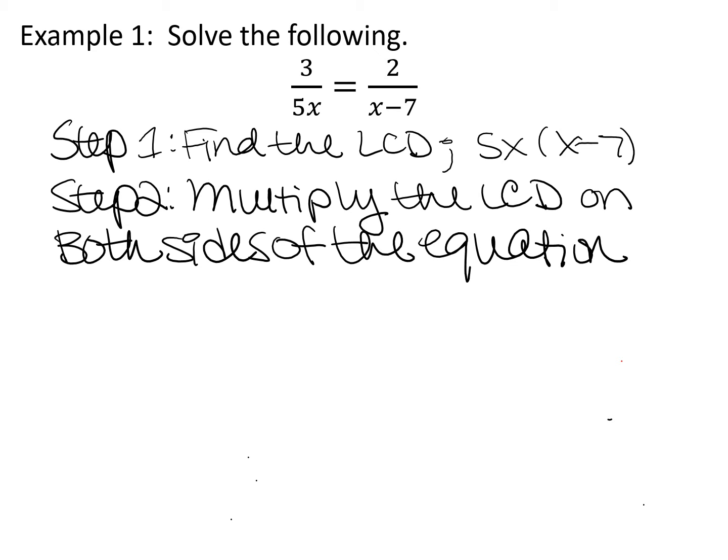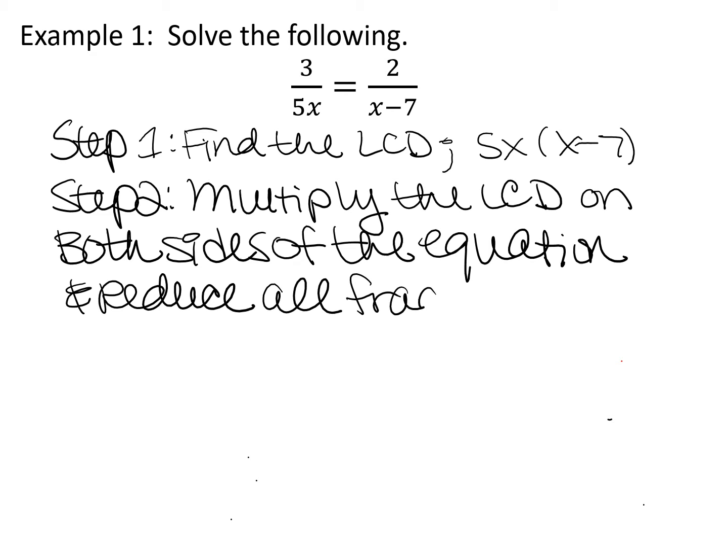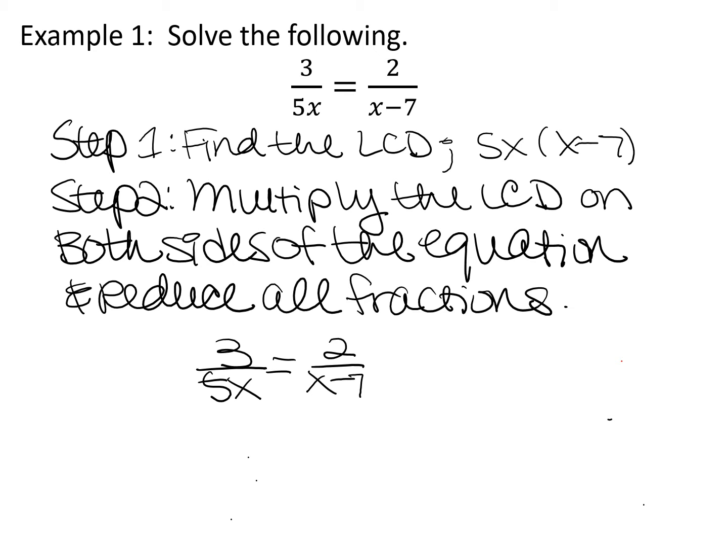And the idea here is that you'll be able to reduce. Okay, so I'm going to write that equation down again. 3 over 5x equals 2 over x minus 7. That LCD is 5 times x minus 7, so I'm going to multiply it on both sides.